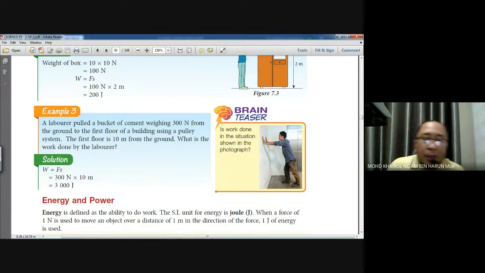Okay, so we look into the diagram given at the right here. Is work done in the situation shown in the photograph? This person is trying to push this wall. So can we consider work is done?